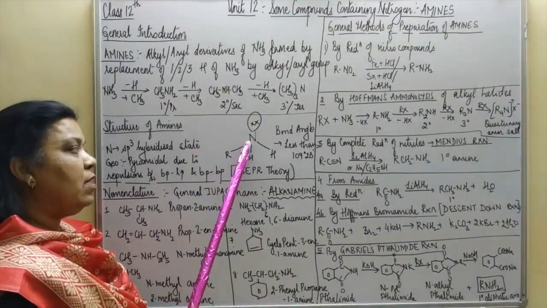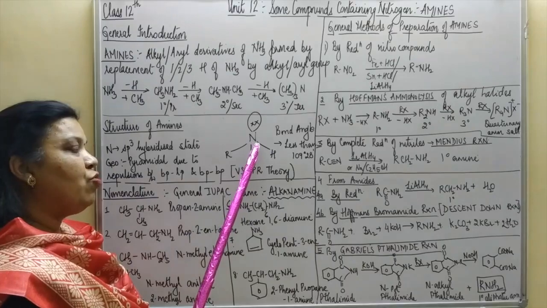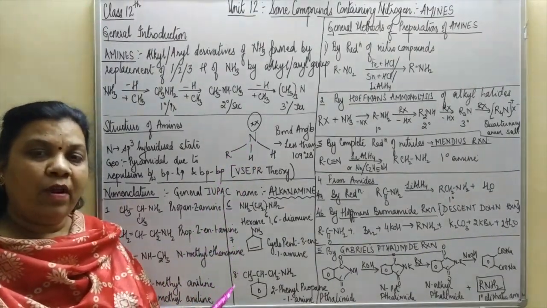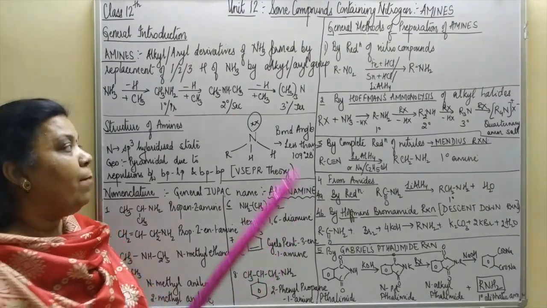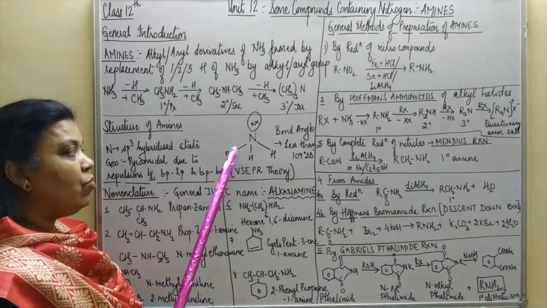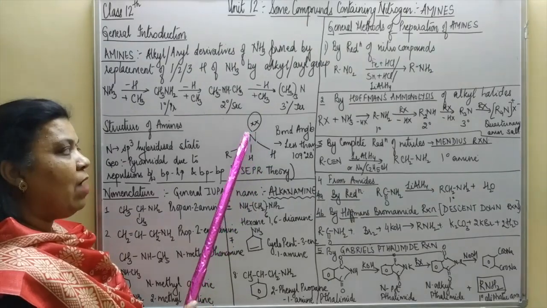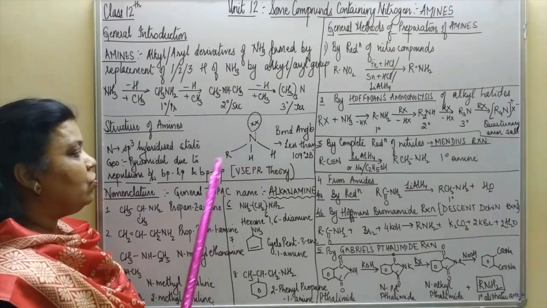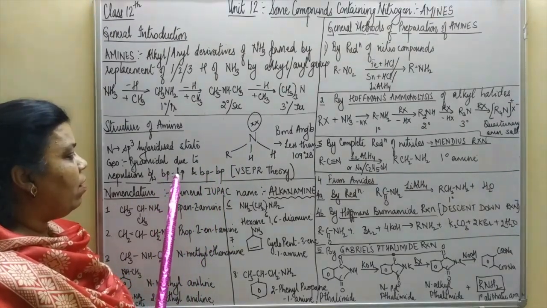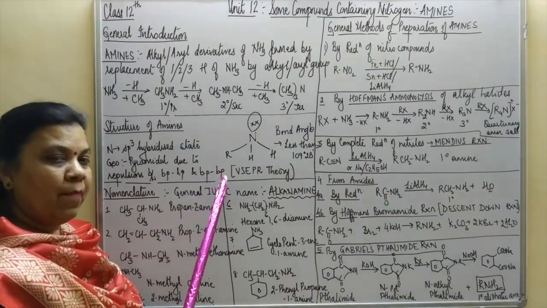If it is in sp3 hybridized state, according to VSEPR theory the geometry should have been tetrahedral. But here, just look that nitrogen is forming 3 bond pairs and 1 lone pair is left on the central nitrogen atom, giving rise to 2 types of repulsions, lone pair-bond pair and bond pair-bond pair repulsion.